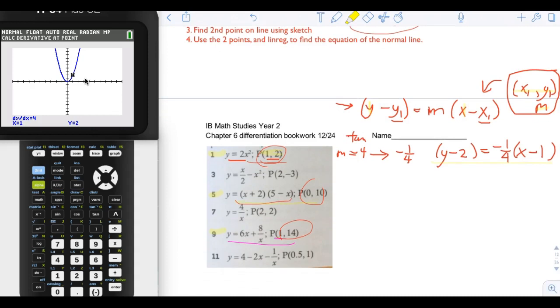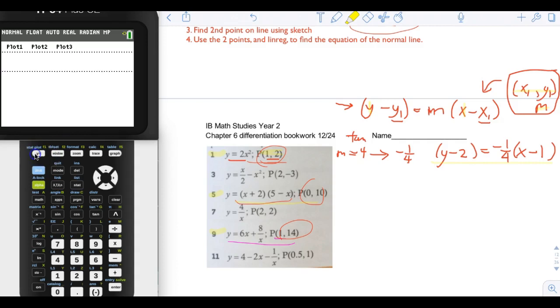So number 5, we want the function x plus 2 times 5 minus x. So we'll type that in: x plus 2, 5 minus x. And we're going to graph it.